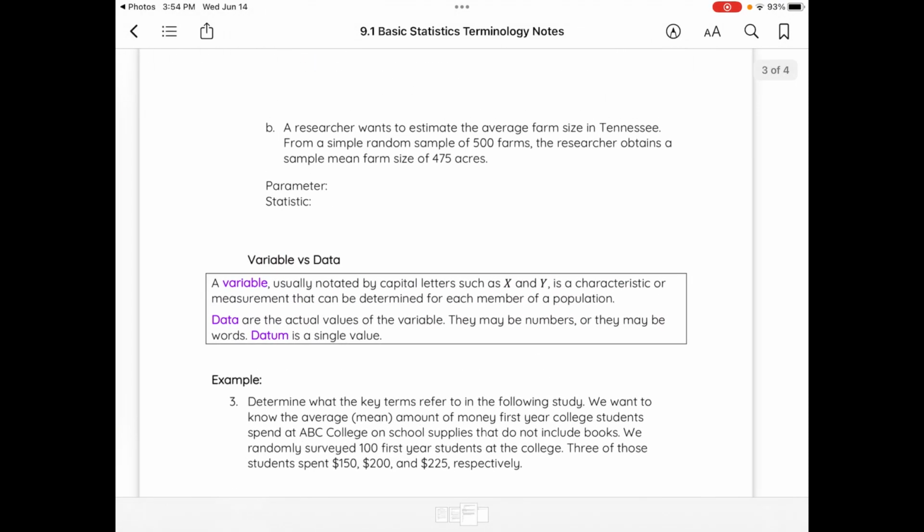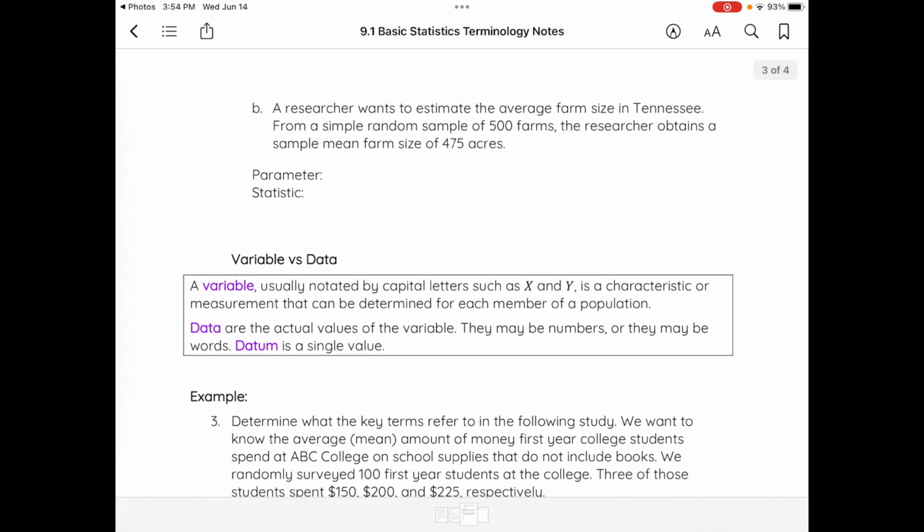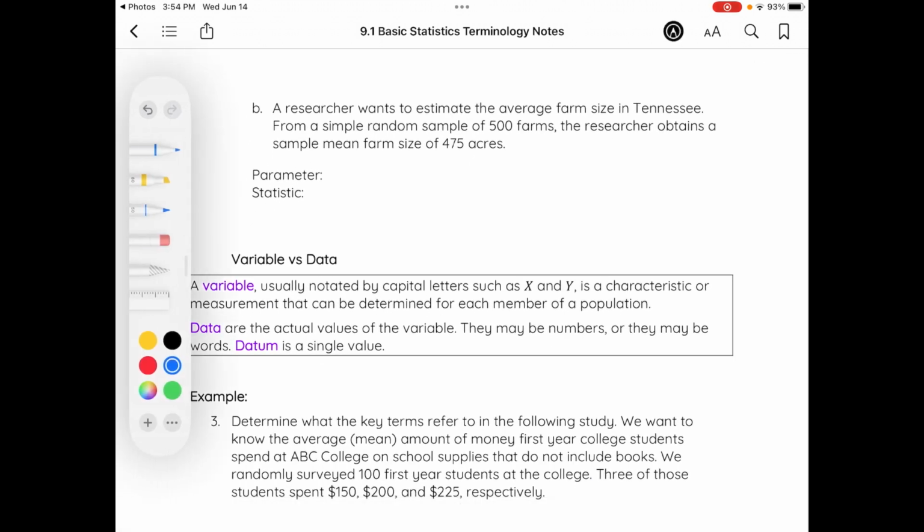Let's try one more, determining the difference between parameter and statistic. A researcher wants to estimate the average farm size in Tennessee. From a simple random sample of 500 farms, the researcher obtains a sample mean farm size of 475 acres.